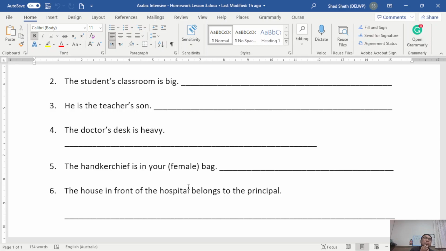Maktibut. Maktibu. What is that in Arabic? Maktabun. How come it became Maktibun?